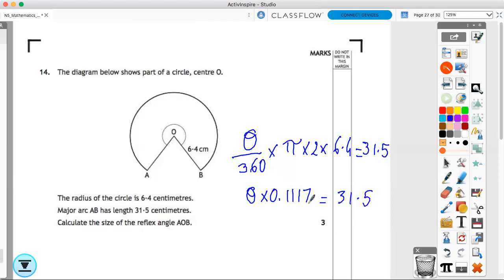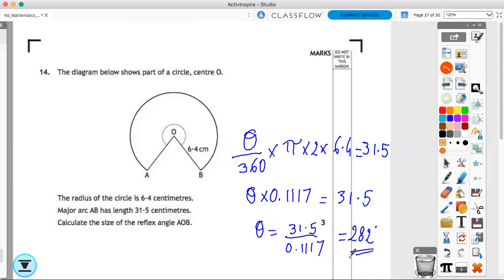Now you need to divide 31.5, remember you divide both sides by 0.1117, and that gives you your angle, which is 282.269 degrees.